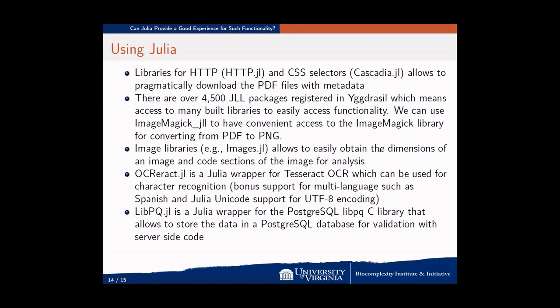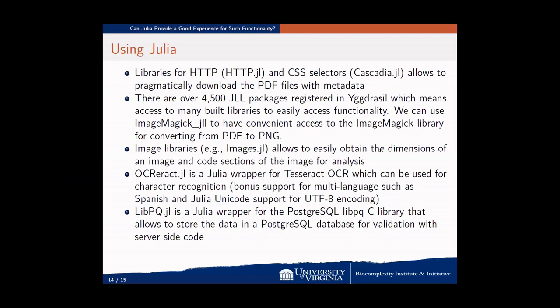So I can use the ImageMagick JLL package, and then I have all that functionality built in, accessible through a Julia interface, without even having to use Julia to write it. I can just wrap that system library. Images allows for easily selecting those rectangles.